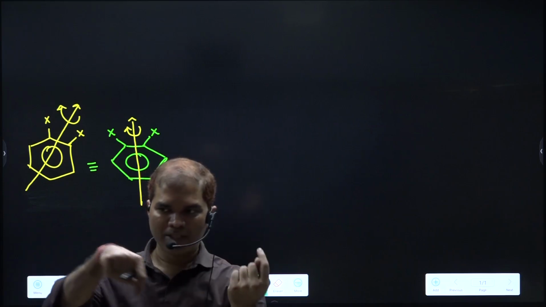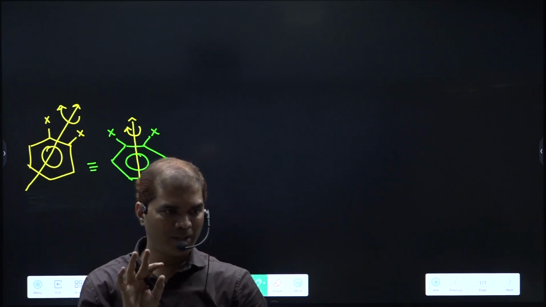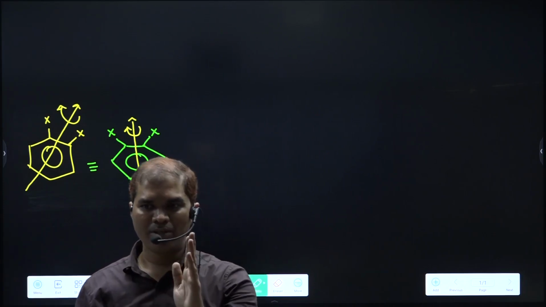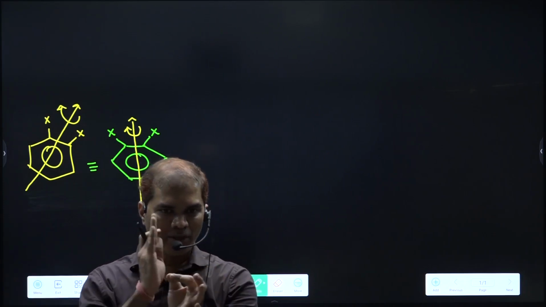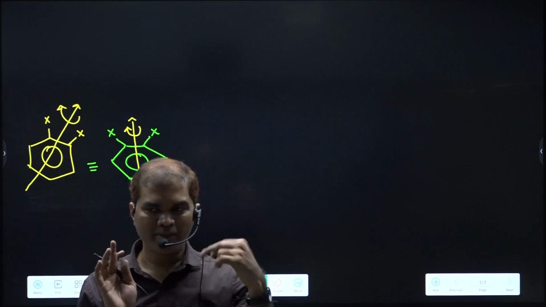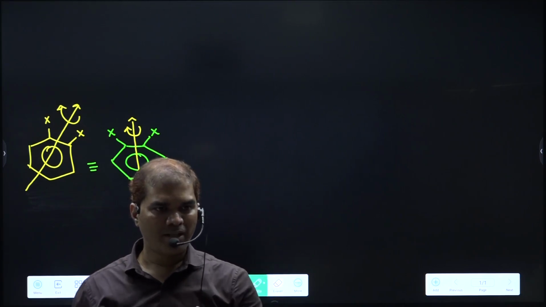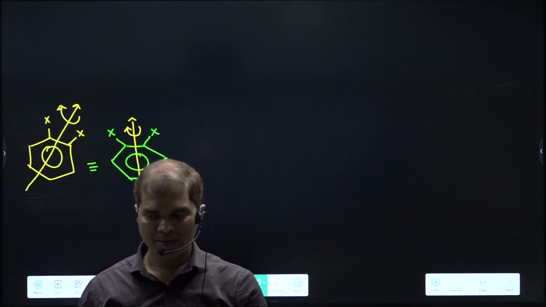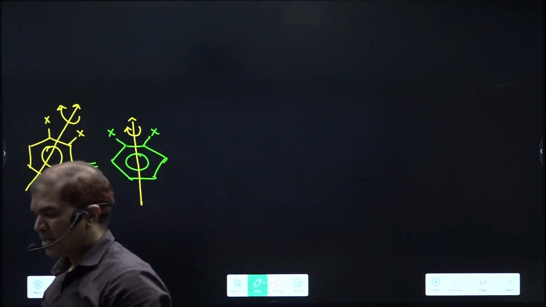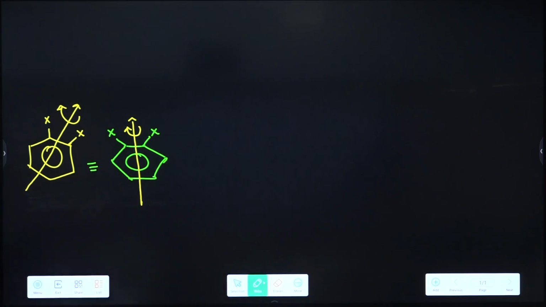Later I am performing rotations. When I say cut the molecule into halves, literally I cannot take a molecule and cut it into half. It is not possible, but I have to imagine it. Okay, note down that point. All symmetry elements are purely imaginary. So they are not real.